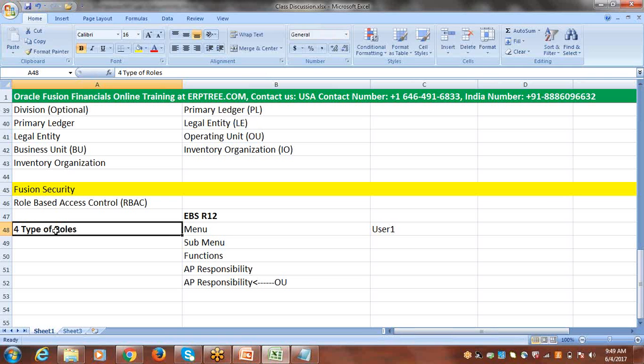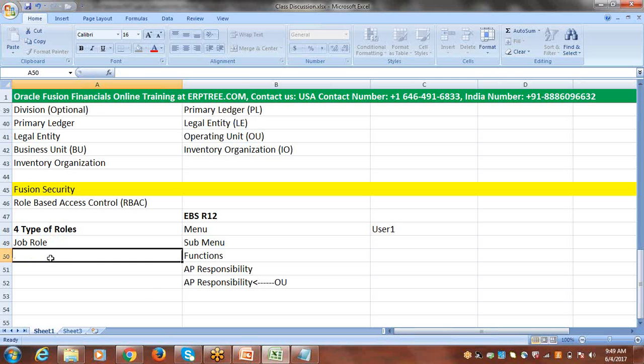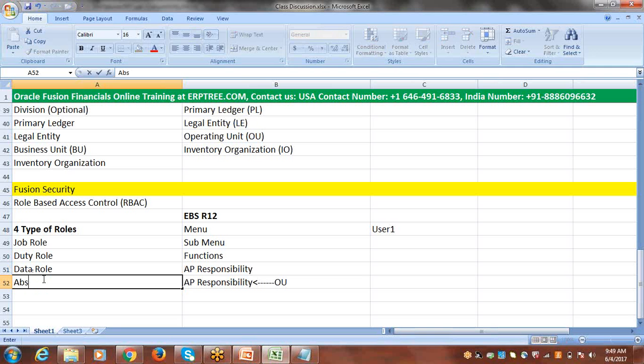We have four types of roles: job role, duty role, data role, and the other one is abstract role.